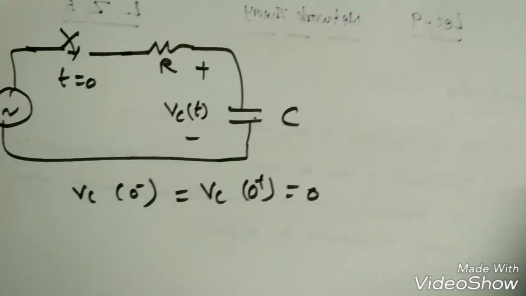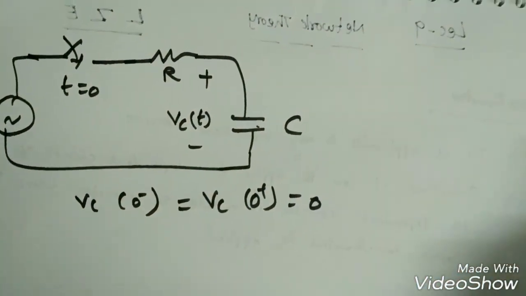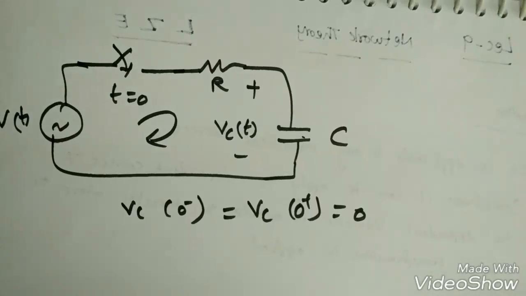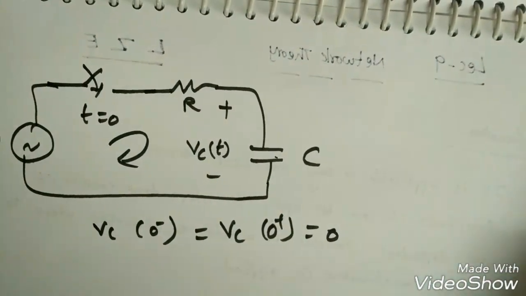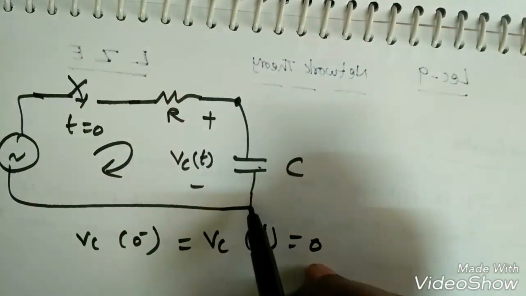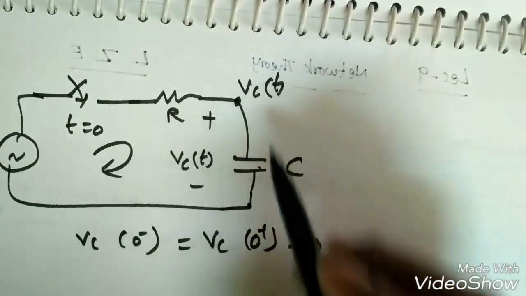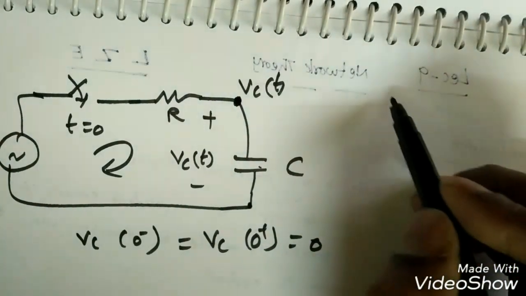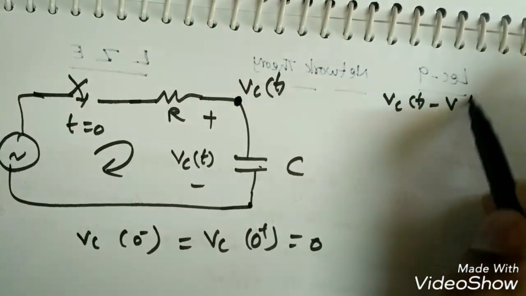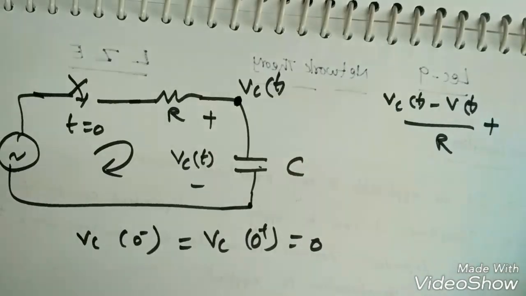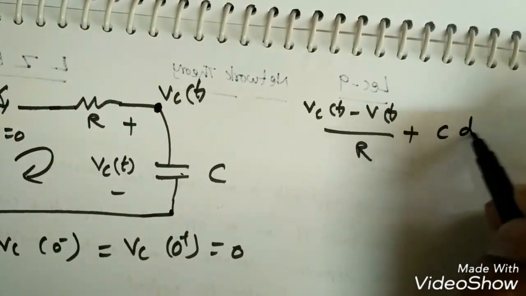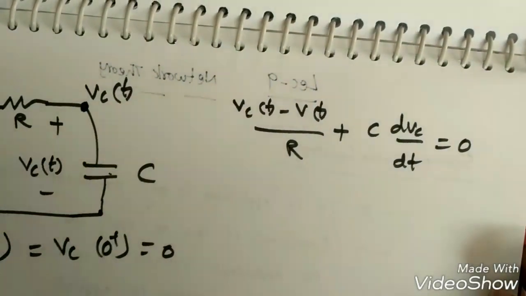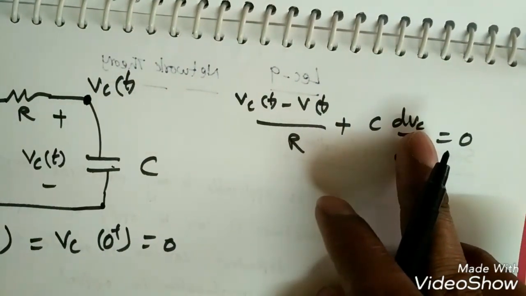Now to find the transient response and the steady state response, first write the KVL, or very simple, apply the nodal analysis here. So this is Vc of t. If I apply nodal analysis, Vc of t minus V of t by R plus the current C into dVc by dt equals 0. We write this because we need to find the voltage Vc of t here.